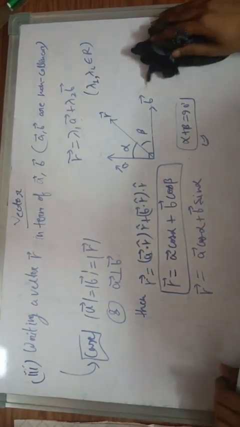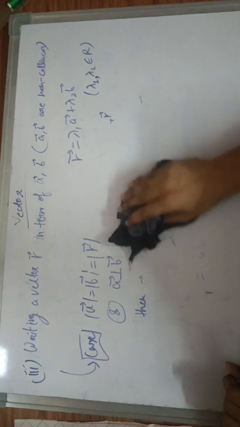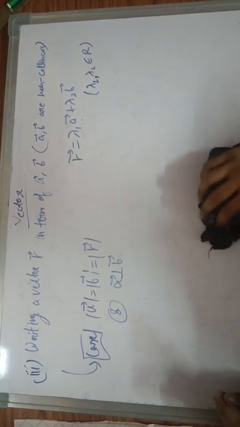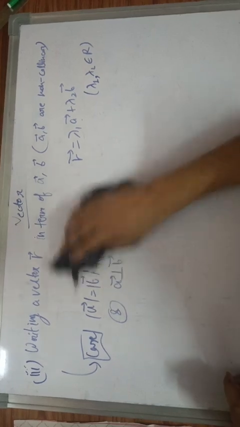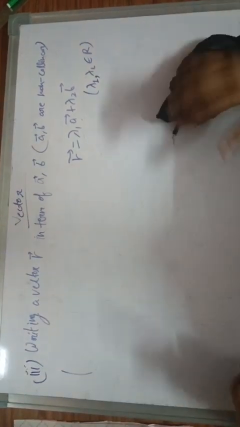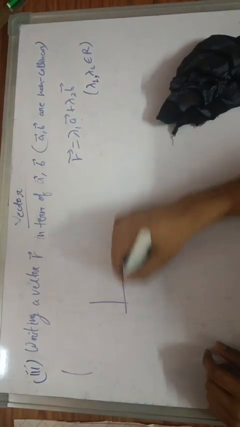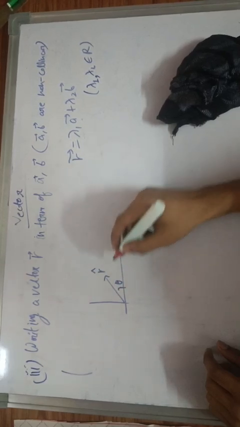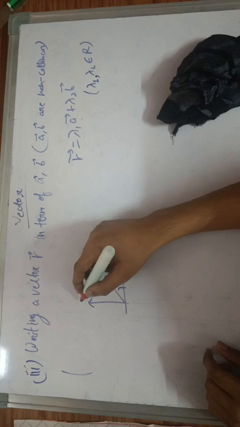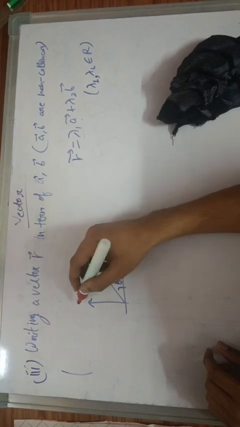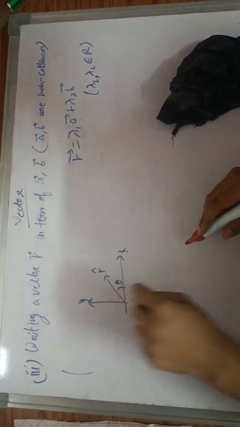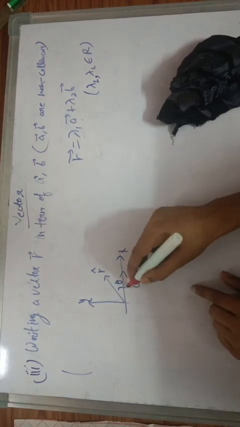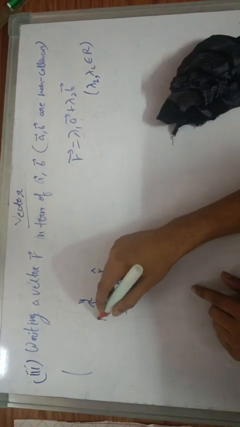One example of it can be, let's say there is a unit vector r cap making theta angle with the x-axis, then how to write the r cap? There is a unit vector i cap here and a j cap here.